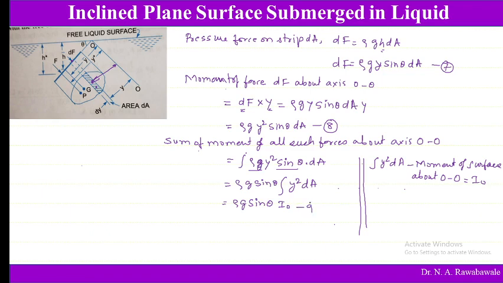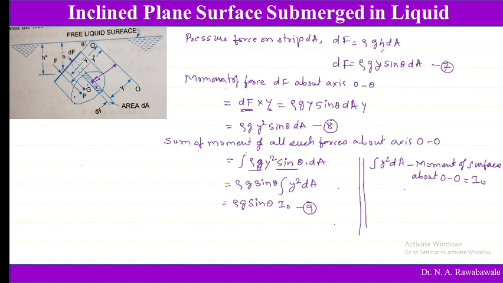So we write this as equation number 9. Now this is the moment of small force. So here we are integrating, and then we get the sum of moments of all small forces by equation number 9. So we have small forces on all the strips. So moment of all forces about the axis O is obtained by equation number 9.